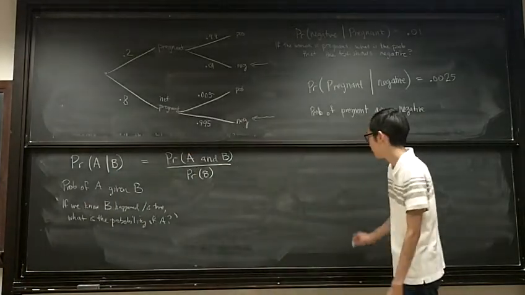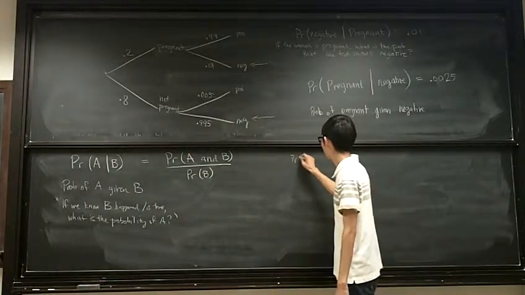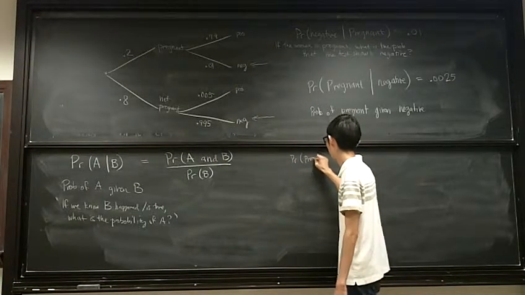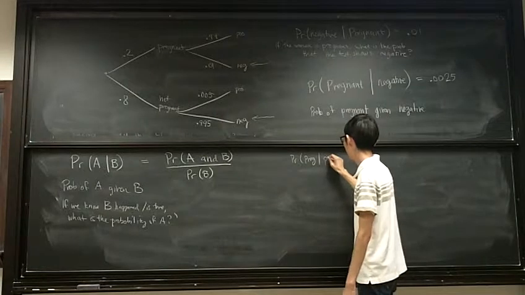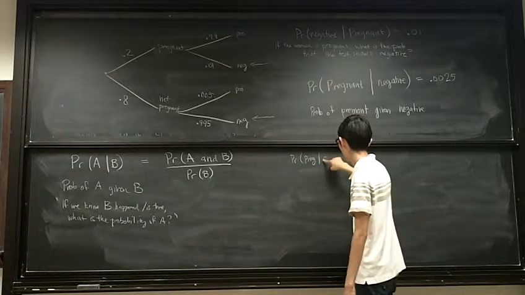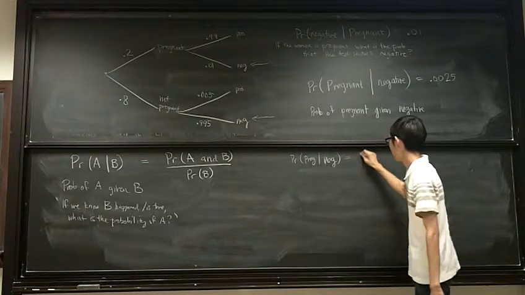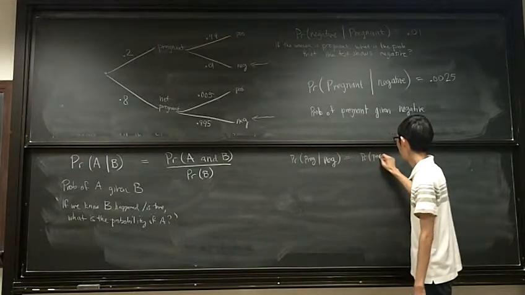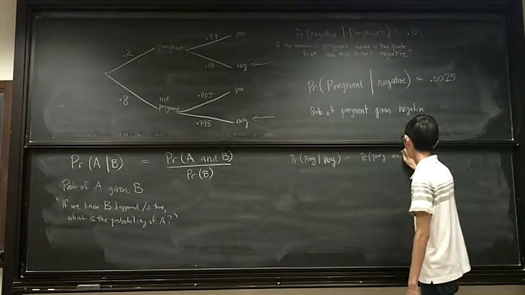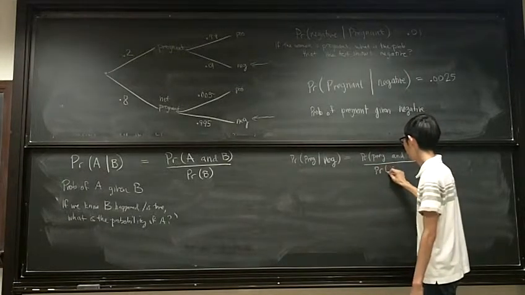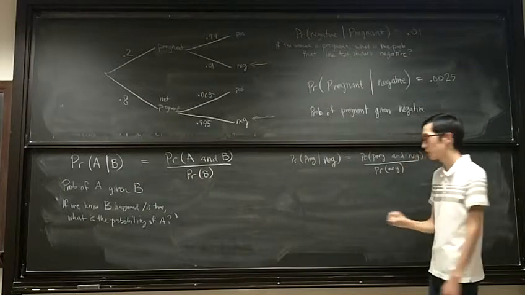And we saw that, right? When we did probability of being pregnant if you have a negative test result. You can check your notes. We did probability of being pregnant and negative divided by the probability of getting a negative test result.